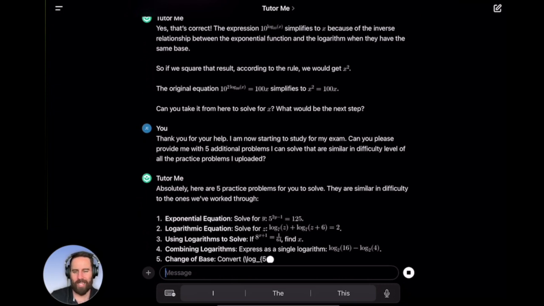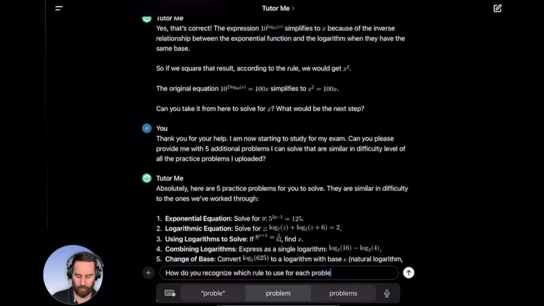That's cool. And then if you say, hey, I want to use different practice problems on each of the logarithm rules, boom, it'll give you one for each. And then you can ask it, how do you recognize which rule to use for each problem?